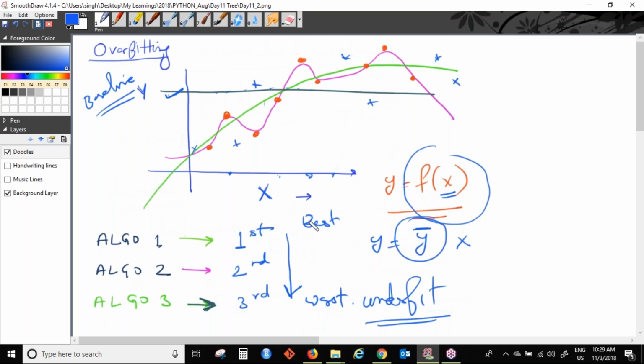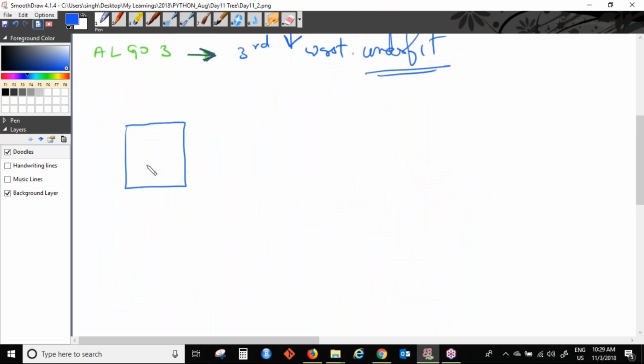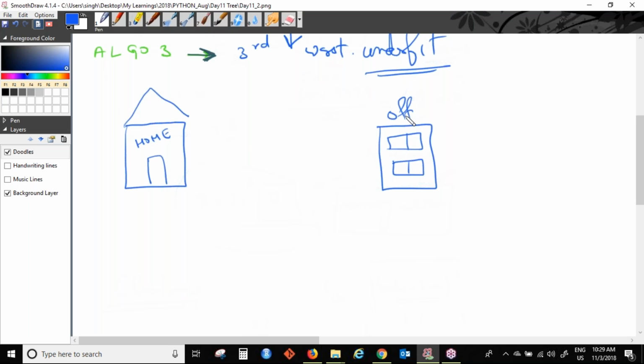So yeah, I was giving you an example of overfitting. Let's say this is your home, and let's say this is your office. And this is the path you take from home to office.